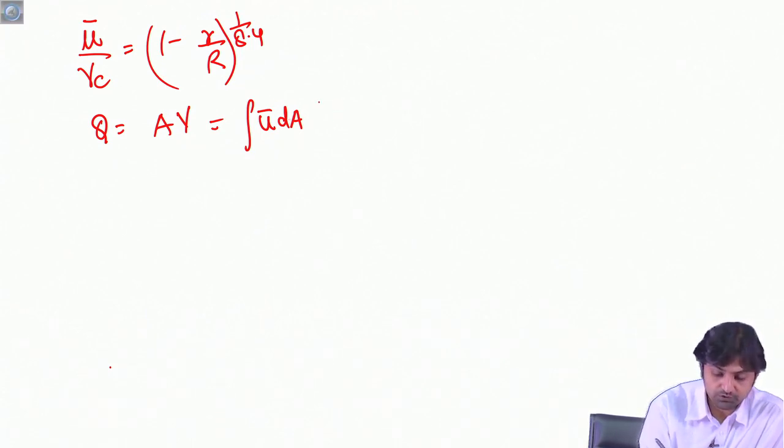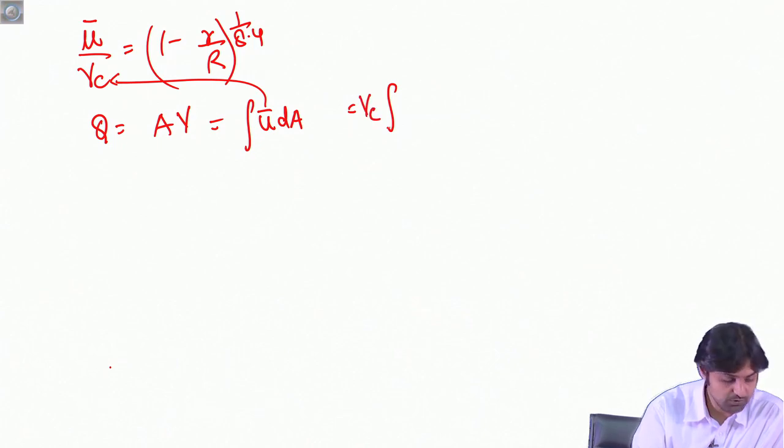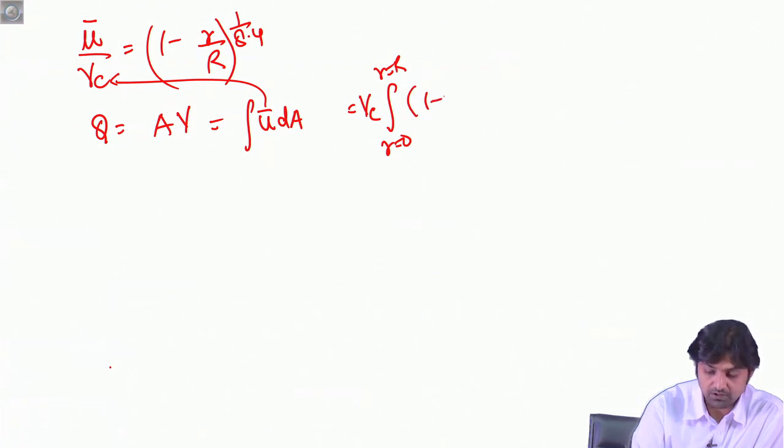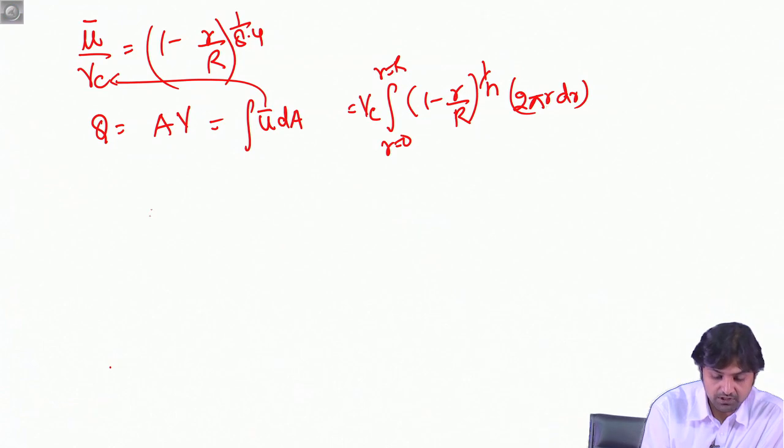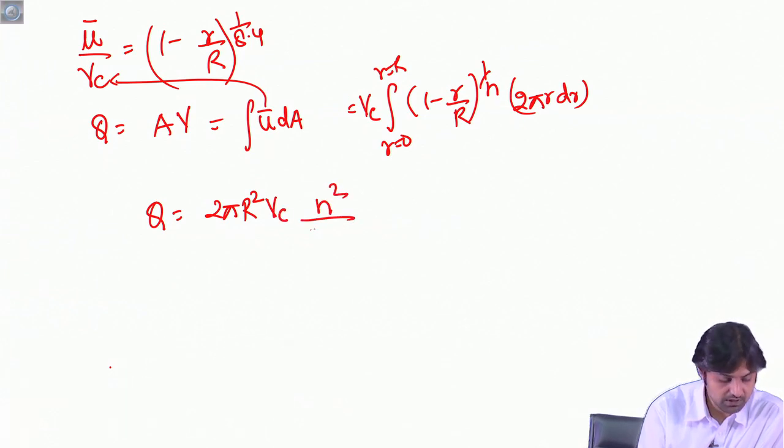So we use u from here, and Vc will come out. With r from 0 to capital R, we integrate Vc times (1 minus r by R) to the power 1 by n, times 2 pi r dr. After integration we will get 2 pi R squared Vc into n squared divided by (n plus 1) into (2n plus 1).